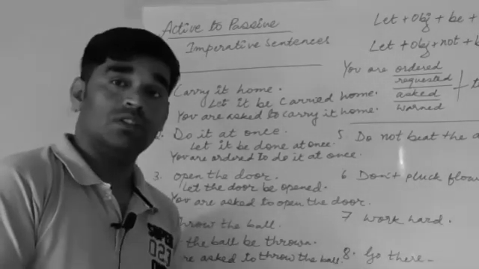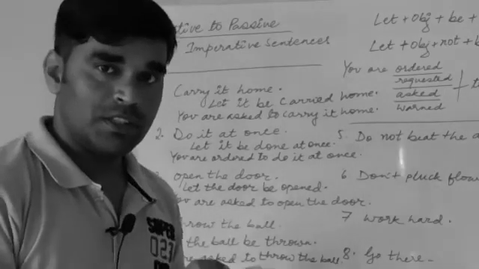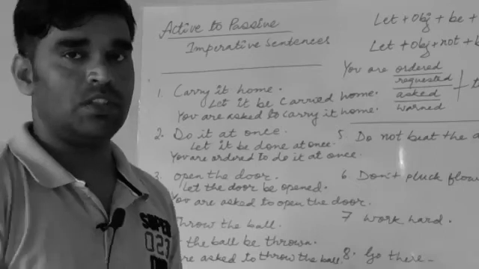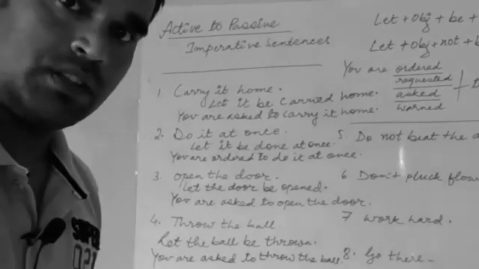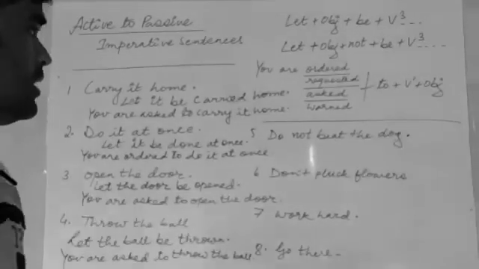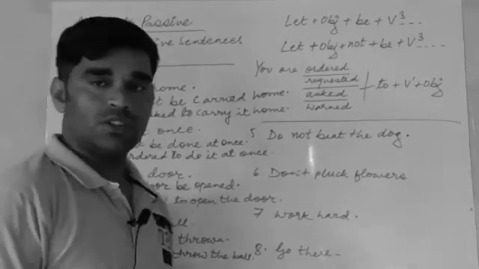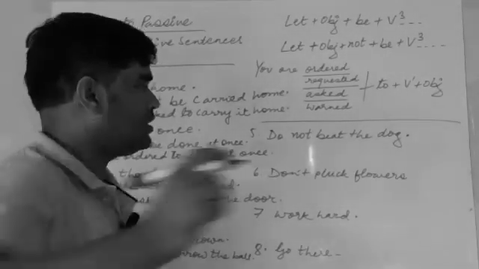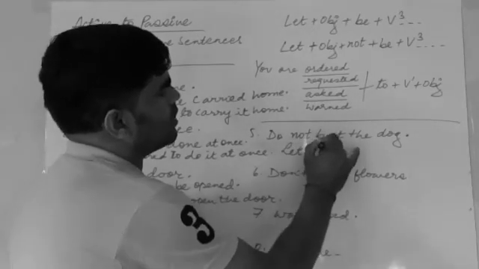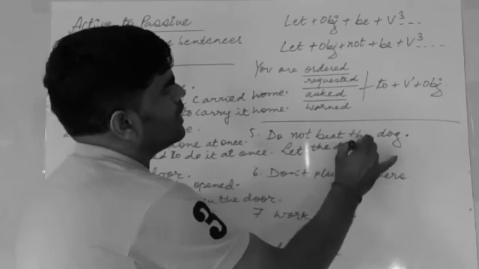Now what about negative imperative sentences? We have to add not after the subject. Do not beat the dog. So start from let the dog. Here the object is dog.